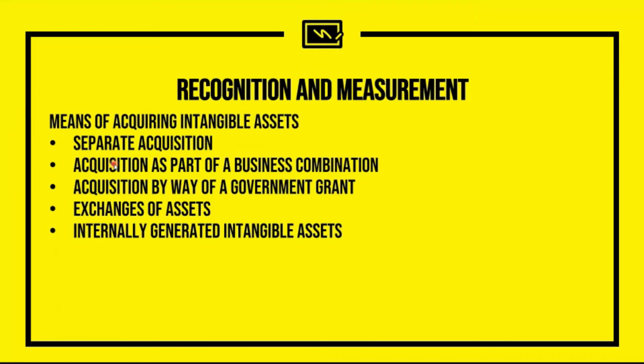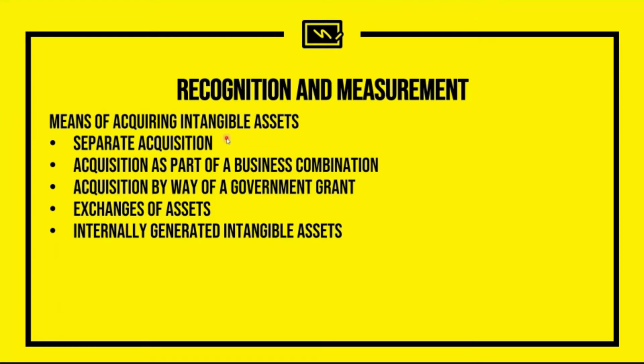Just like what I said before when we were discussing property, plant, and equipment, the acquisition of an intangible asset is generally the same or similar to that of PPE, because the only difference is that PPE has physical substance while intangible assets do not. So these are the general means by which we can acquire intangible assets.